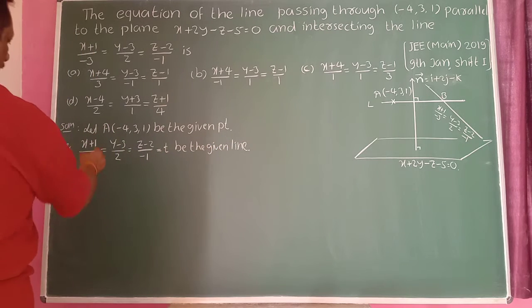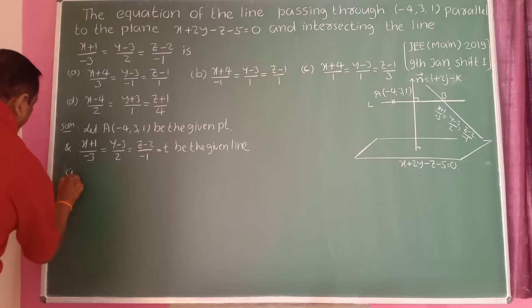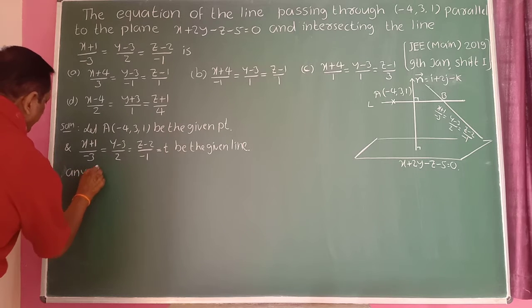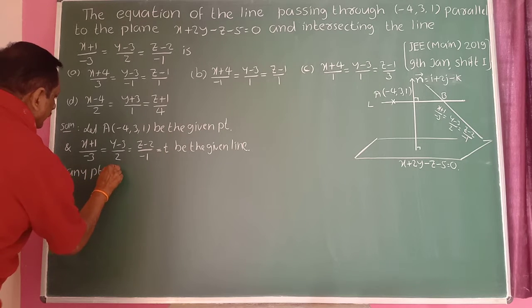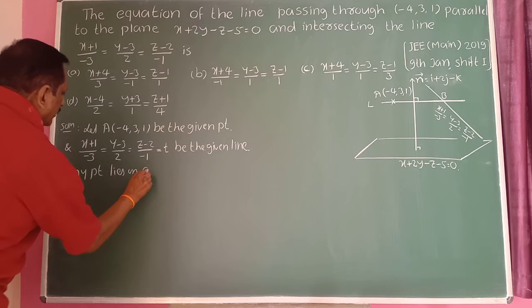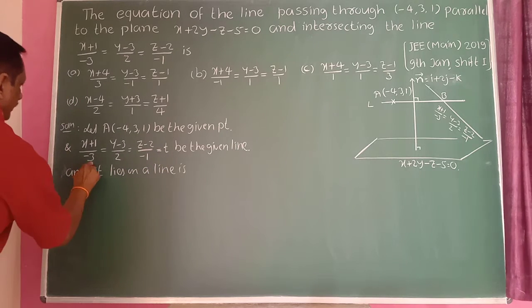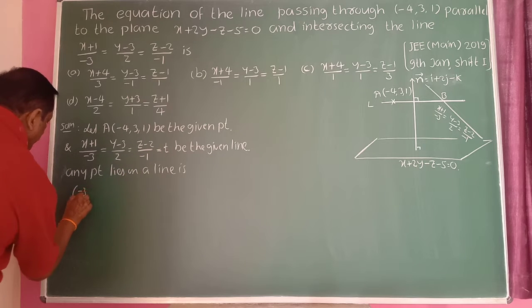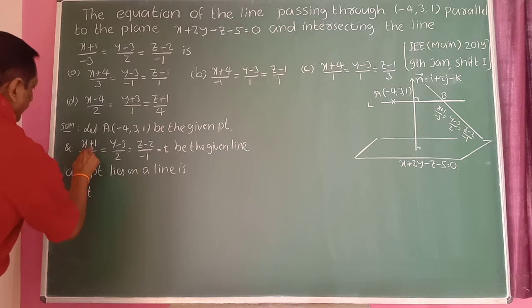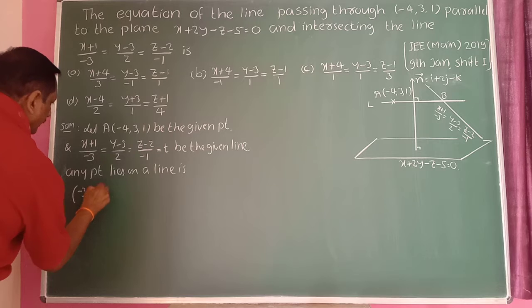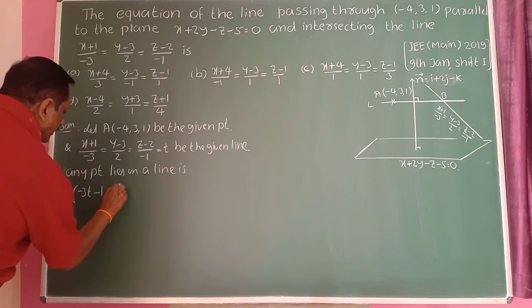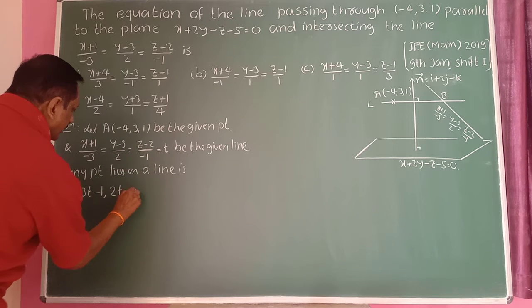So any point that lies on this line is: -3 times t gives -3t, take the -1 to the right-hand side, so -3t - 1. 2 times t becomes 2t, take the -3 to the right side, plus 3.